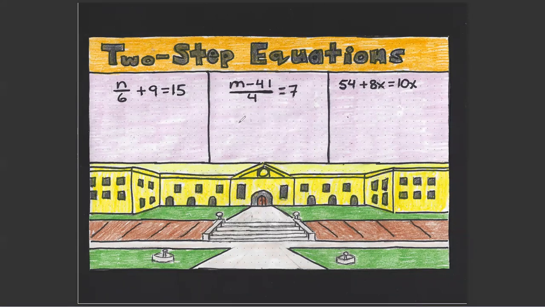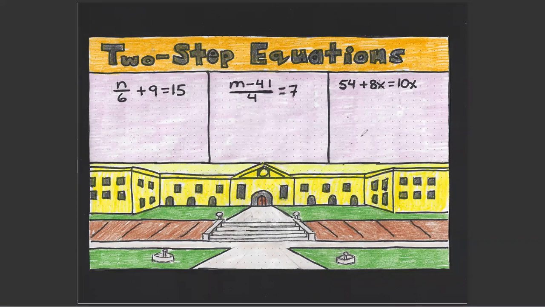Instead of writing m, I'm just going to put a 69 up here. 69 minus 41 divided by 4. Will that give me 7? Well, sure it does, because 69 minus 41 is 28, and 28 divided by 4 equals 7. So 69 worked in that case right there.